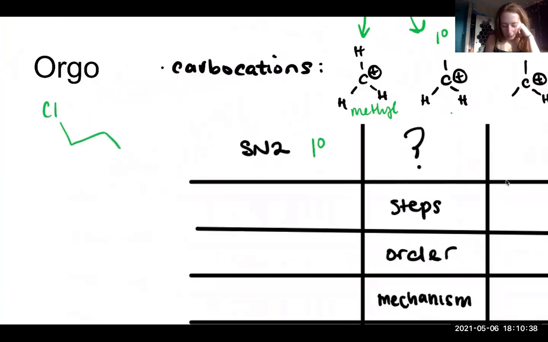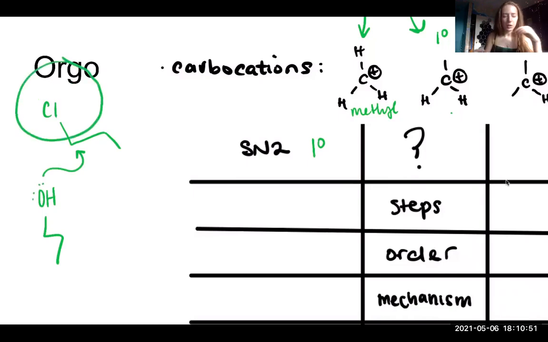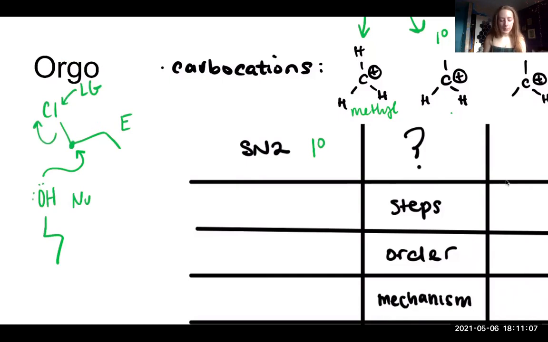And so we have a nucleophile here, and it's going to attack from the backside because this chlorine creates an electron cloud that's blocking a lot. So the nucleophile here is going to attack the electrophile in this position opposite where the leaving group is. And the leaving group will leave simultaneously as it's being attacked from the back.